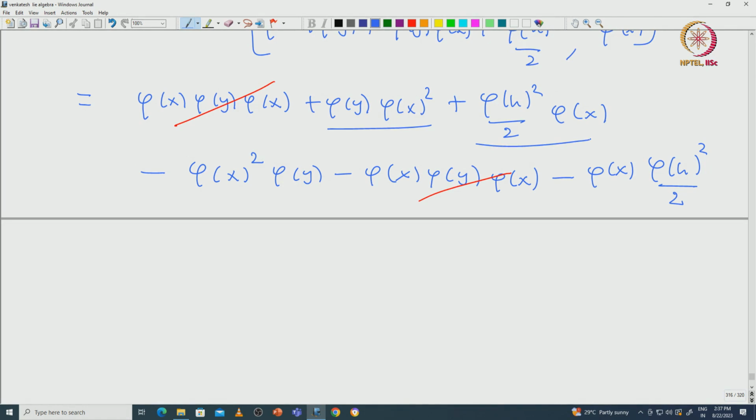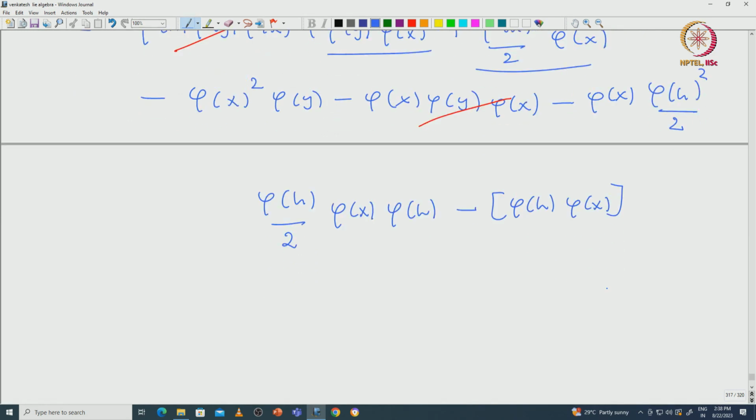Maybe this term we can commute and see what is happening. You get phi h by 2 and then phi x phi h minus the bracket of those two, which is the bracket of phi h and phi x.